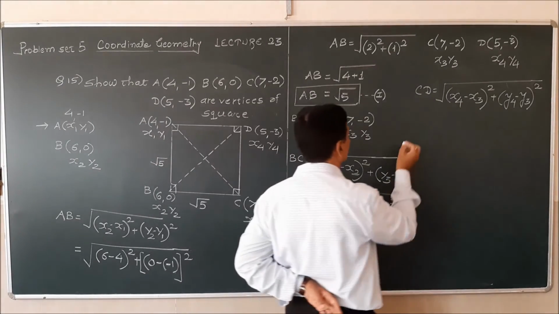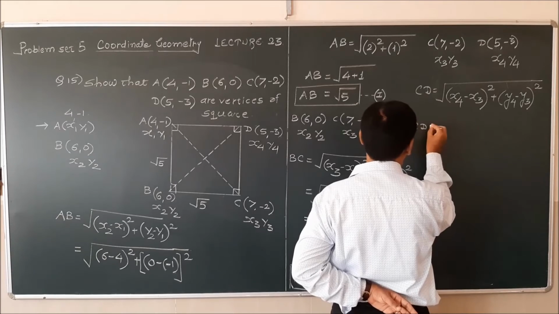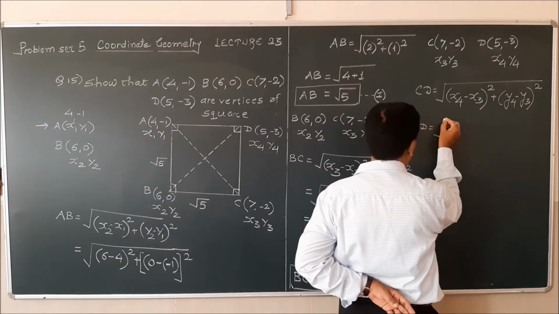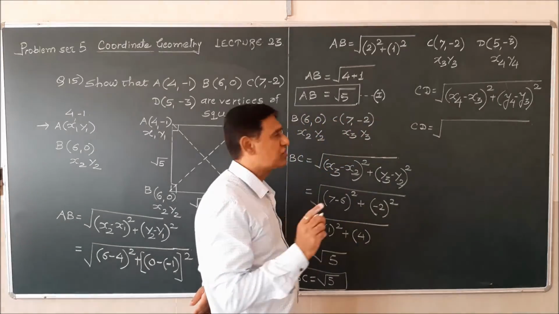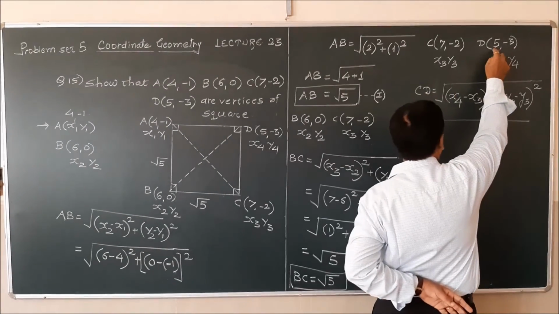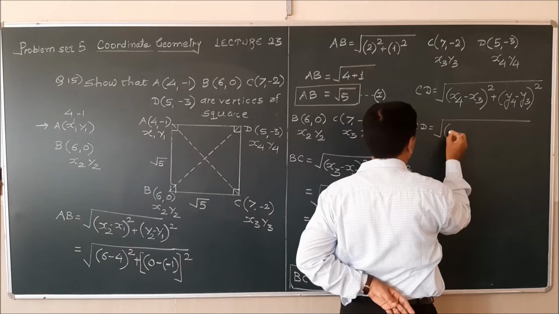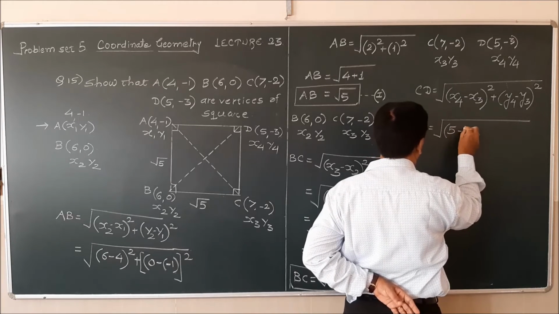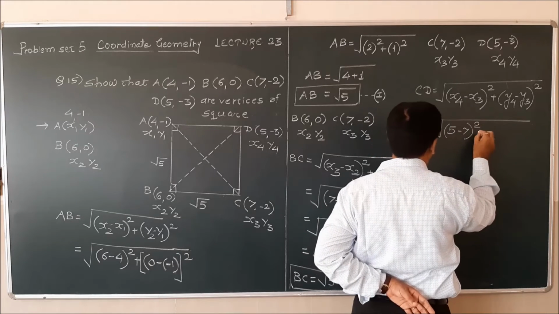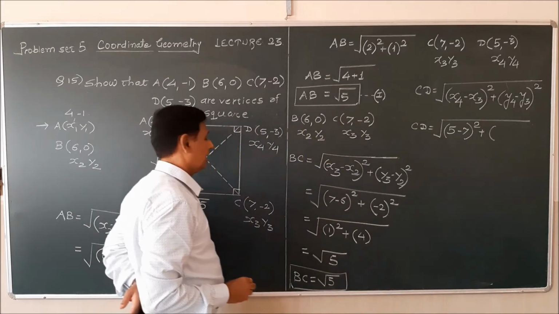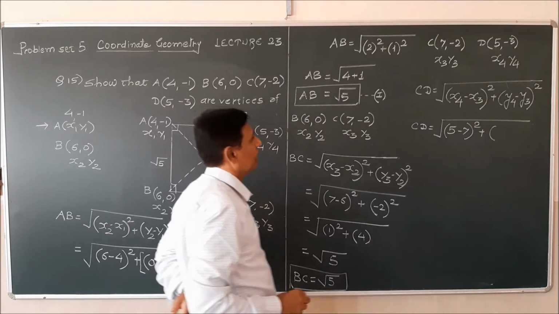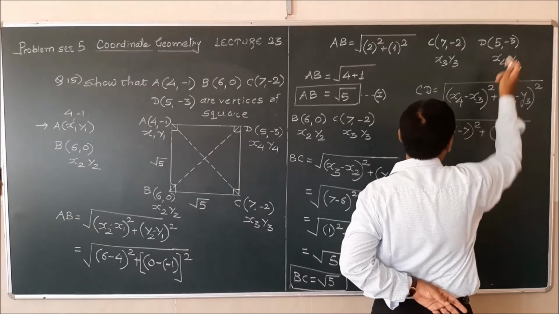So CD is equal to root of x4. What is the value of x4? x4 is 5. So 5 minus 7 the whole square plus y4 is minus 3.